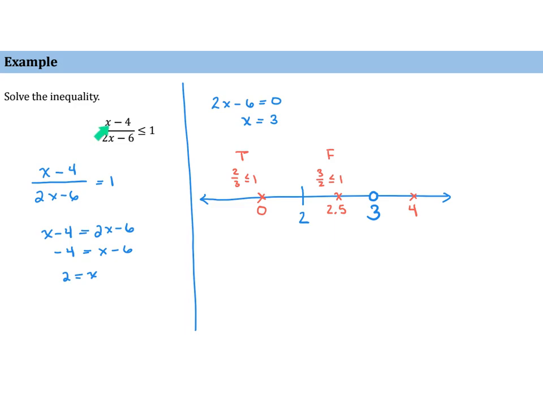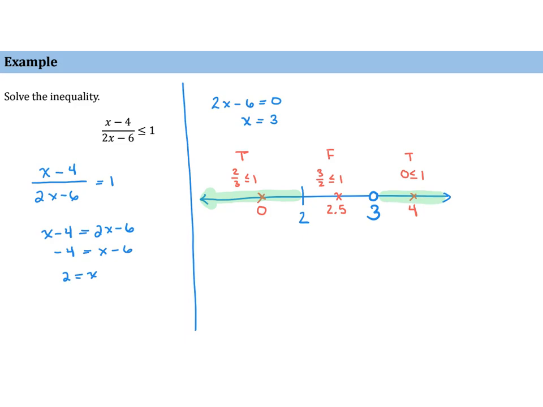We obtain 0 over 2, which is 0. So 0 is less than or equal to 1. That's true. So let's now shade anywhere that it was true. So we're going to shade to the left of 2, to the right of 3.